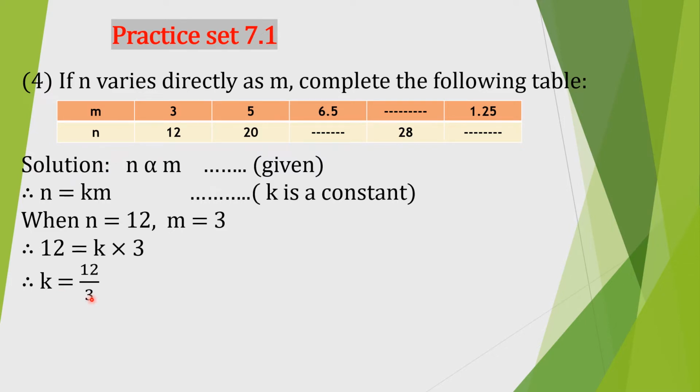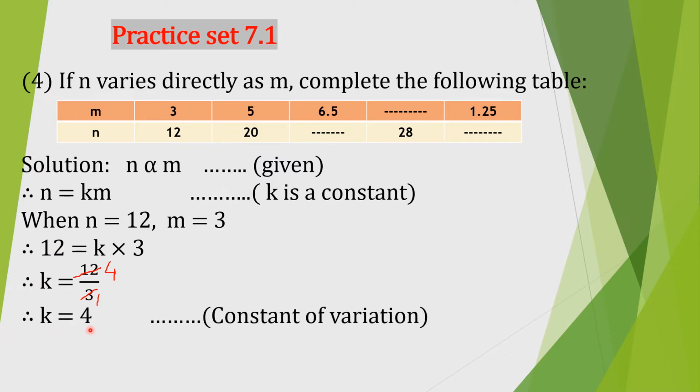So it can cancel and it will give you the answer 4. 3 ones are 3, 3 fours are 12. So students, you got the value of k equal to 4.